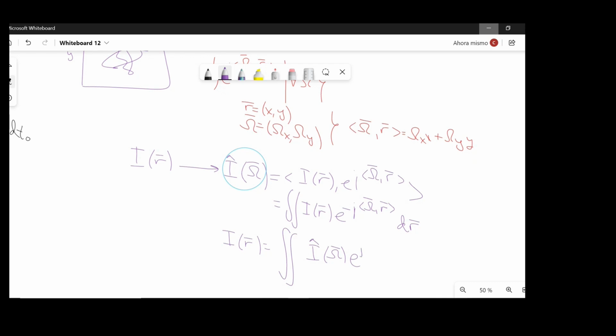Now I have to integrate over frequency. So now this is the inverse Fourier transform.